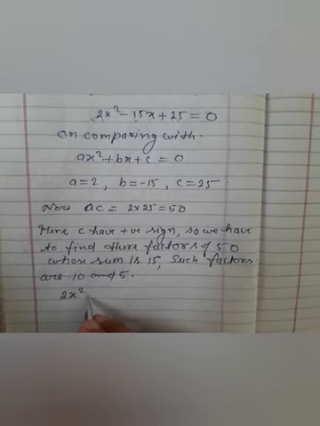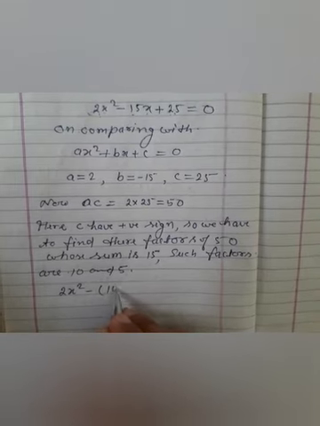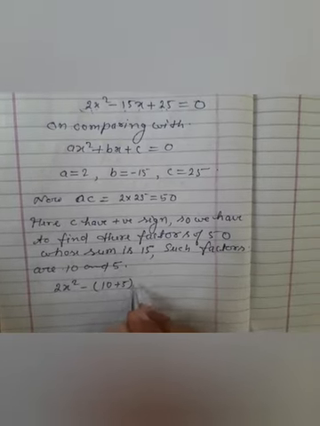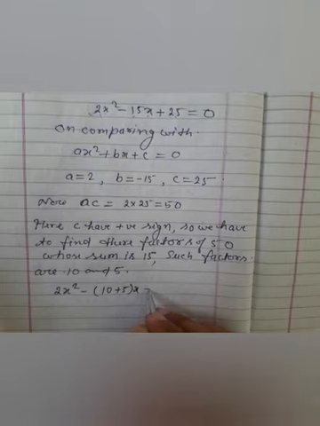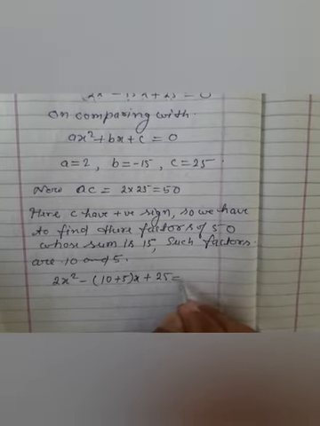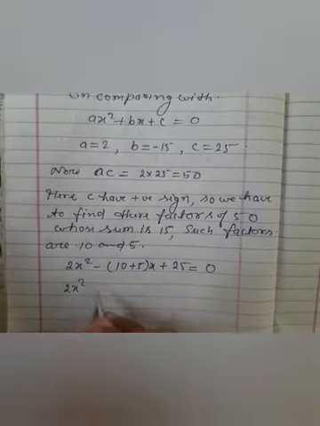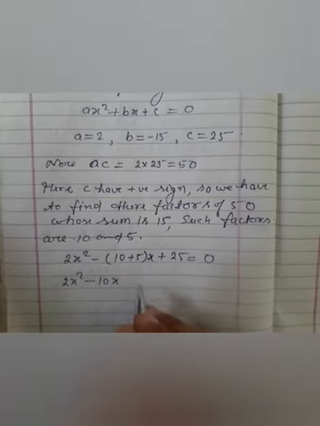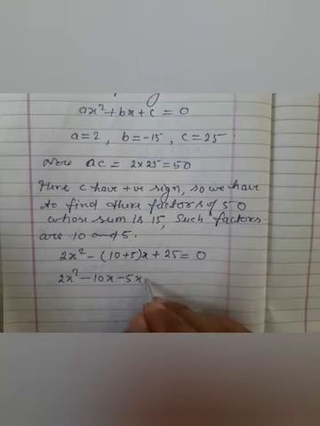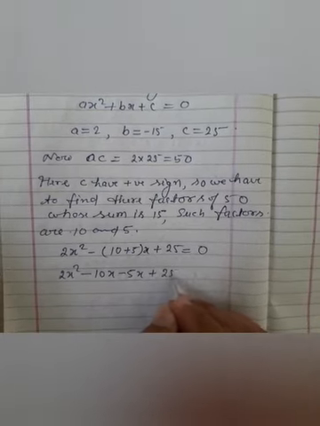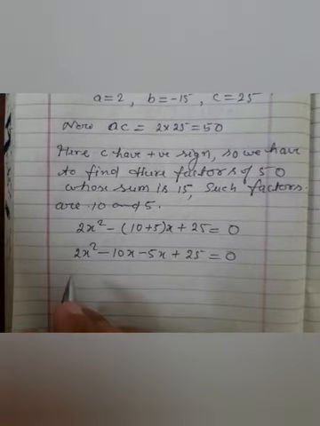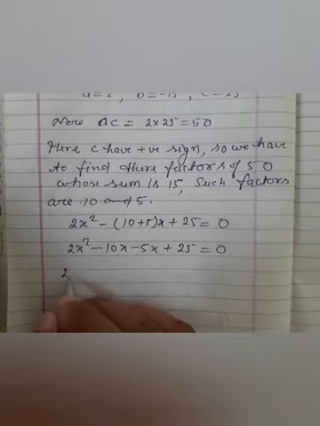2x square minus 10x minus 5x plus 25 is equal to 0. Now here is a common 2x.